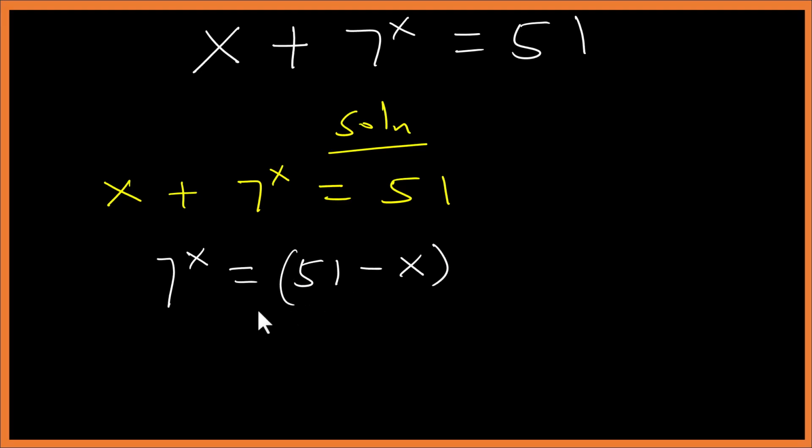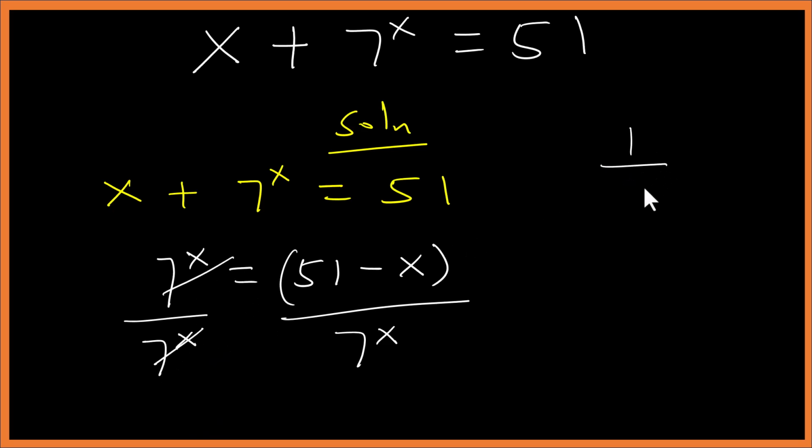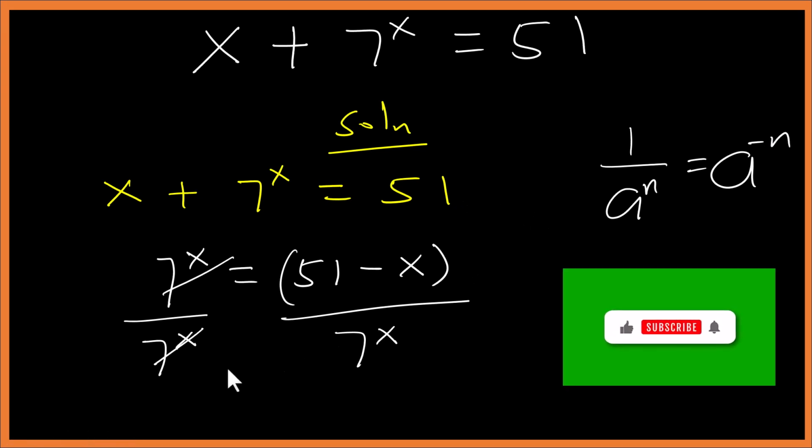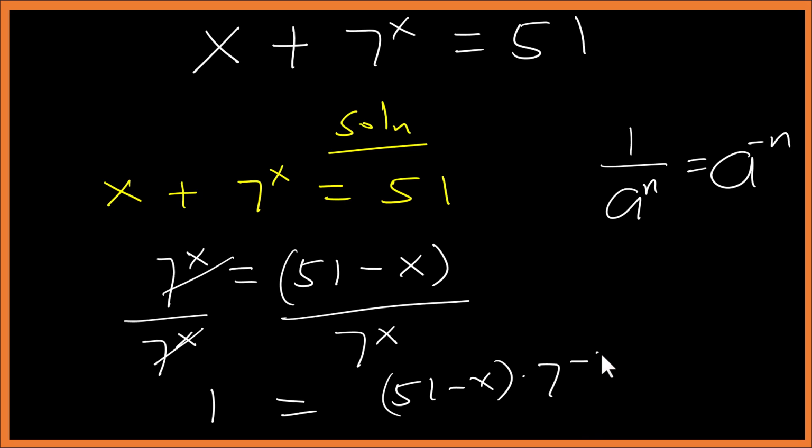Now let me divide both sides by 7 raised to x, so this side will cancel. And remember, 1 over a to the power n is the same as a to the power minus n. Alright, so I have 1 equals 51 minus x times 7 raised to minus x.